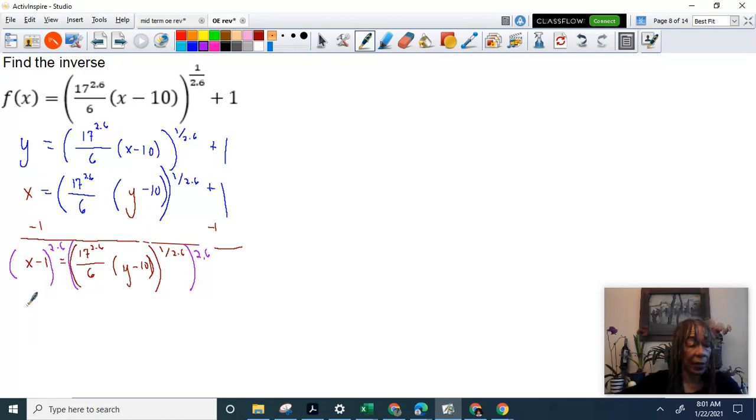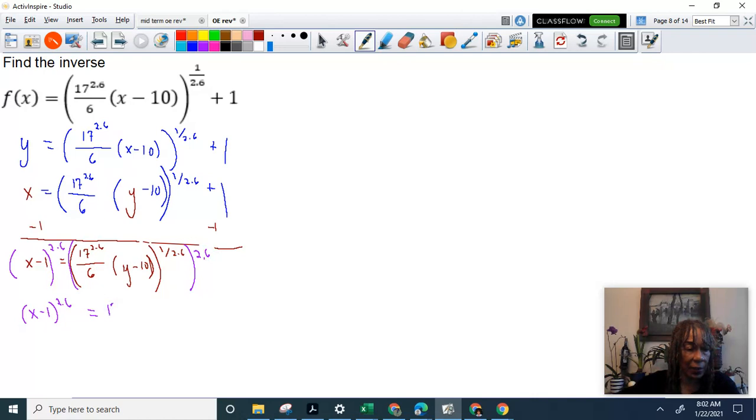So now on the left side, which is getting rapidly more complicated, x minus 1 to the 2.6 power is going to equal, and since I got rid of the exponent, I can kill almost all the parentheses.